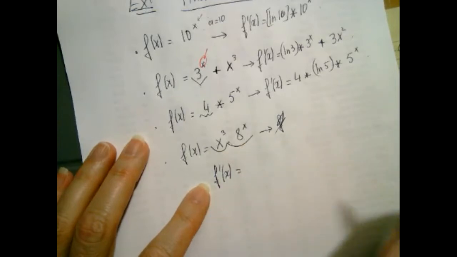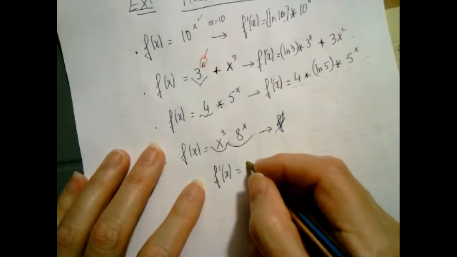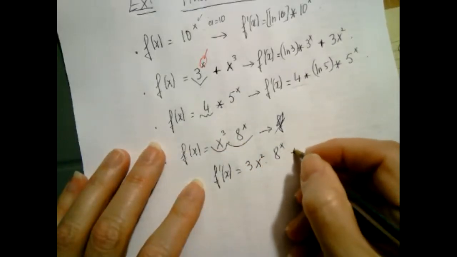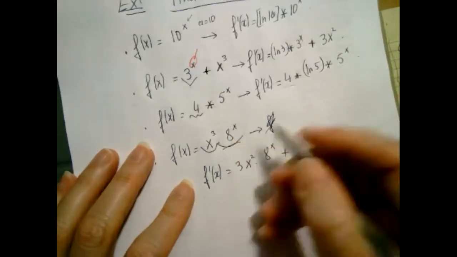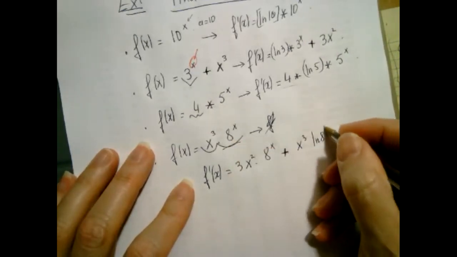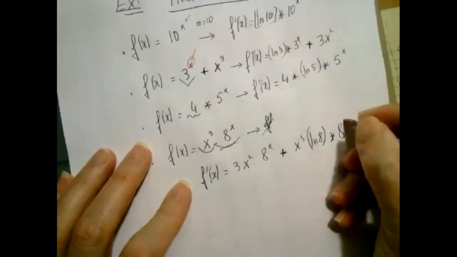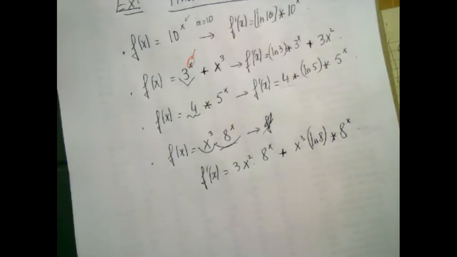The derivative of x cubed is 3x squared times 8 to the x, plus x cubed times the derivative of 8 to the x, which is ln of 8 times 8 to the x. All right, so that's our first formula for today.